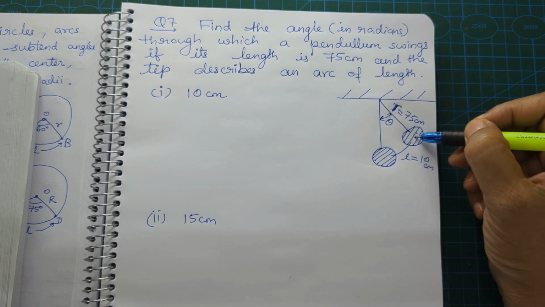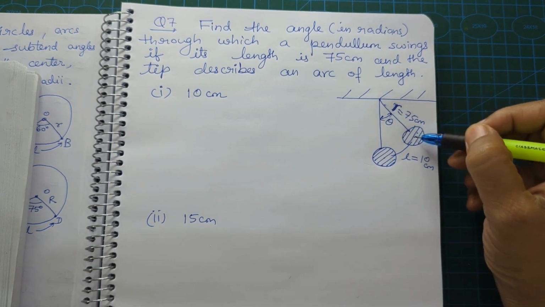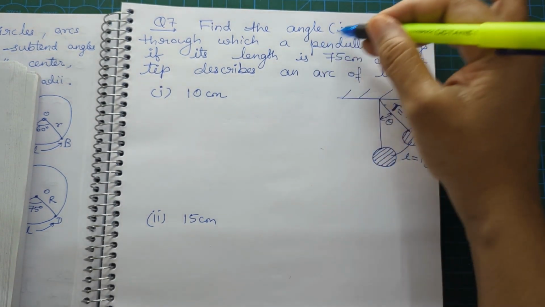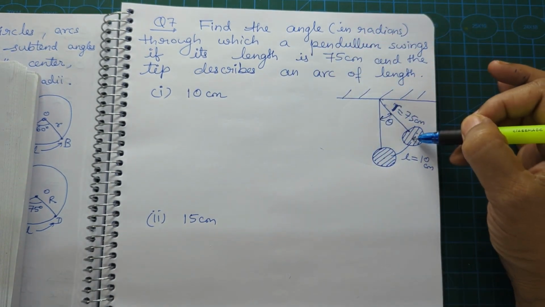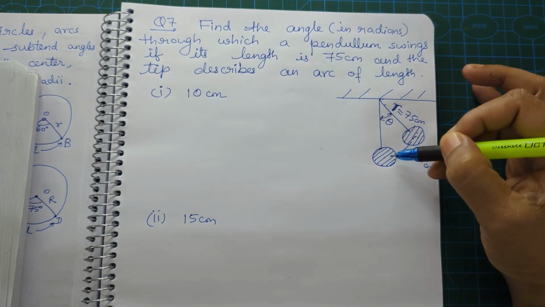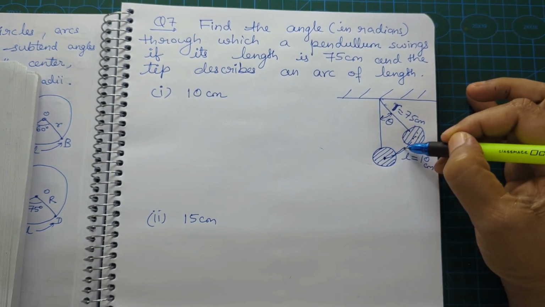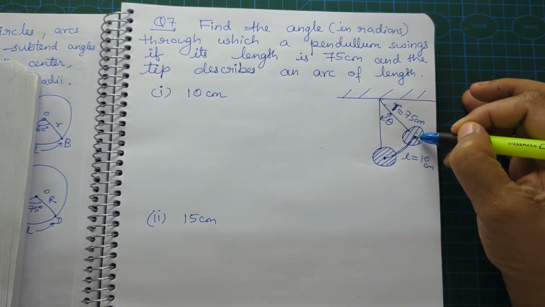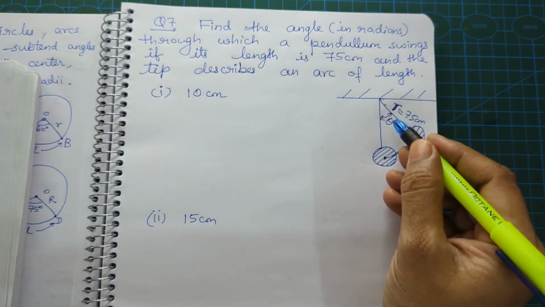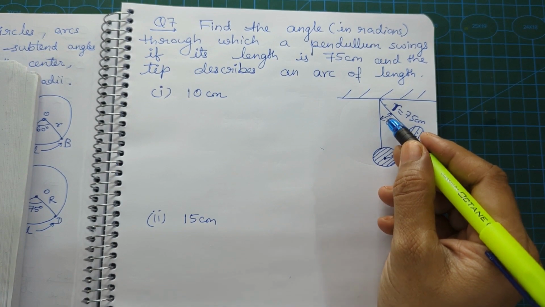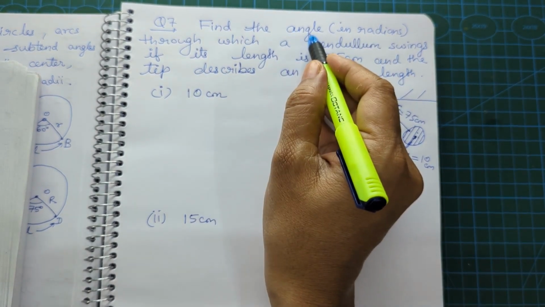Length of the pendulum is actually radius of the circle. Like if this pendulum completes a circle, then that circle's radius is length of the pendulum. Arc length is from this location to this extreme location, whatever is the distance traveled by the tip, that is arc length. So we have to find angle in radians.